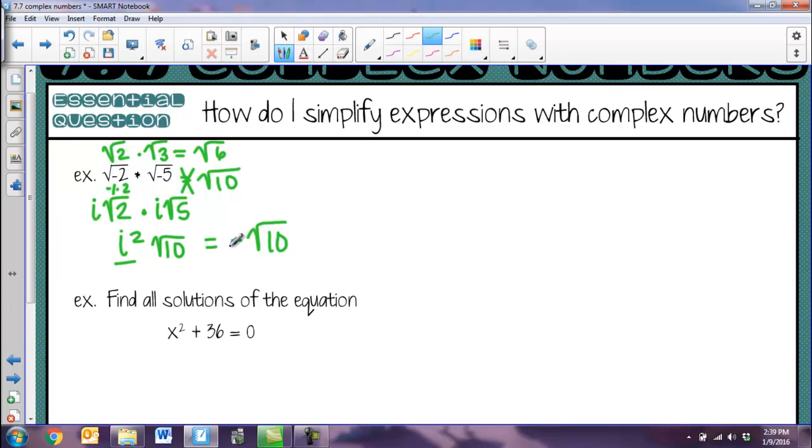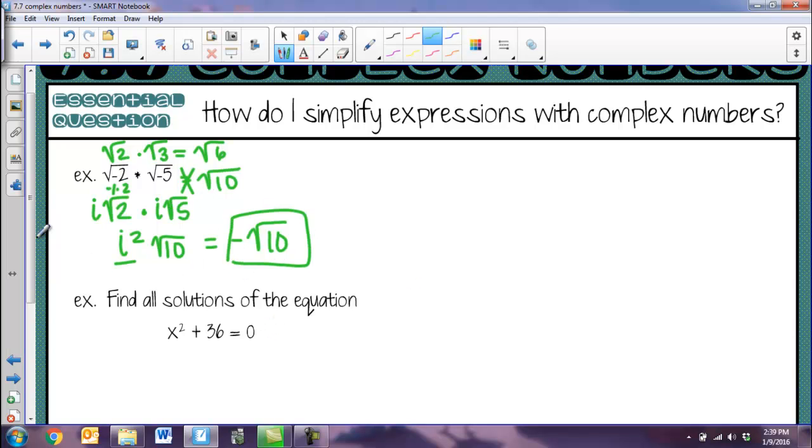So before you start doing any operations using the square root of a negative number, change your stuff to i's. Okay? So before you start doing any sort of operations, multiplication, whatever, addition, subtraction, change these things into i's, so that way you won't lose your answer or get the incorrect answer.